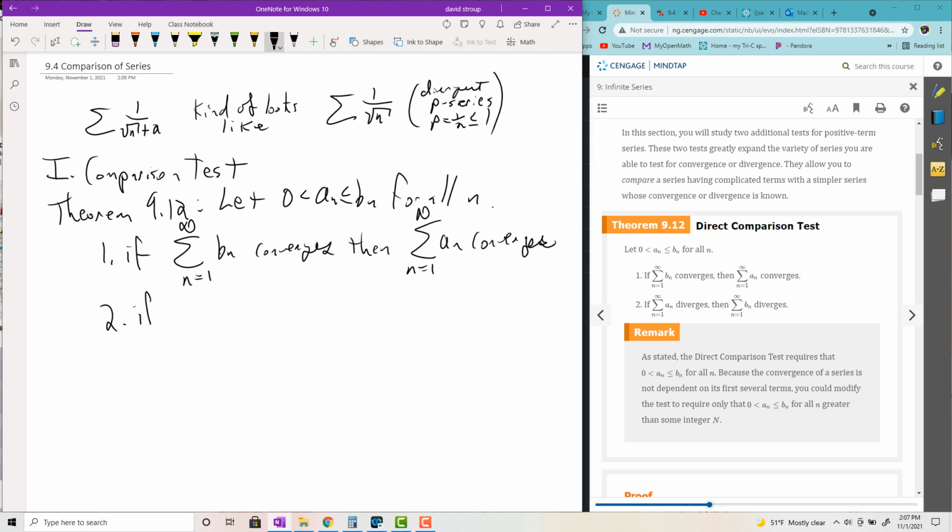Then, if the series with the smaller terms diverges, the series with the bigger terms will diverge as well.